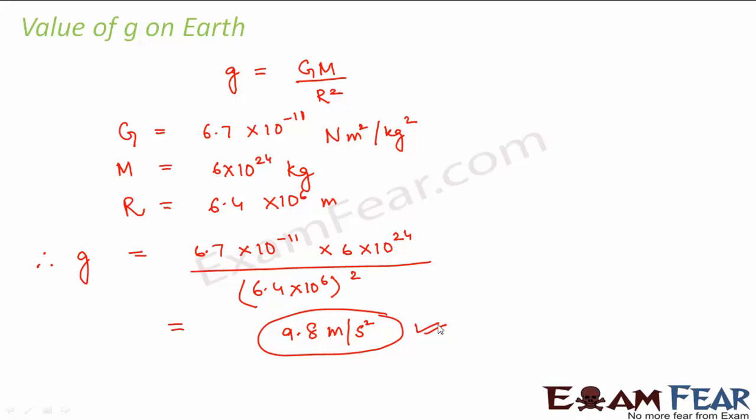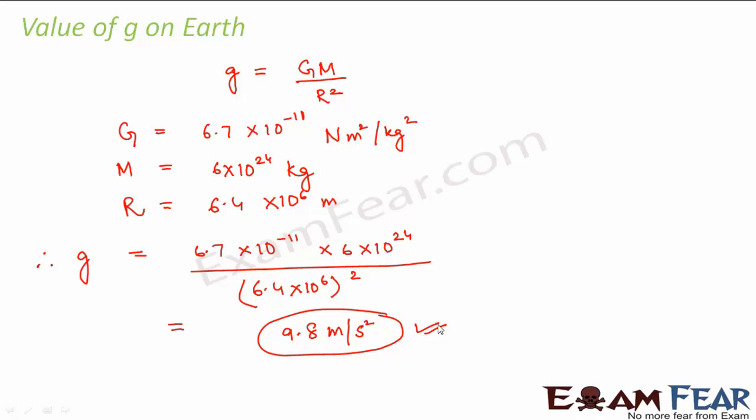Whenever we talk about the free fall motion of so many objects, we make use of this acceleration due to gravity. Because whenever an object is under free fall, the acceleration which is acting on it is this small g. So the value of this small g is taken as 9.8 meter per second square.